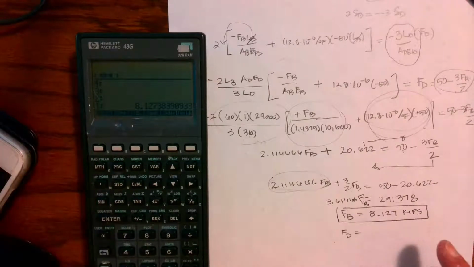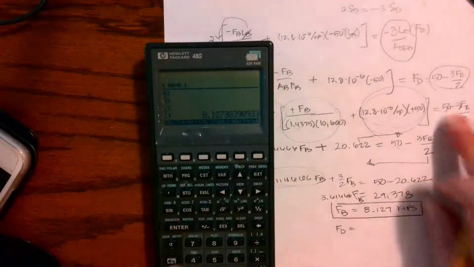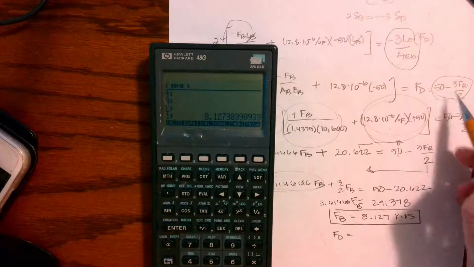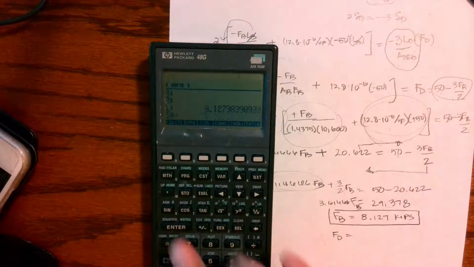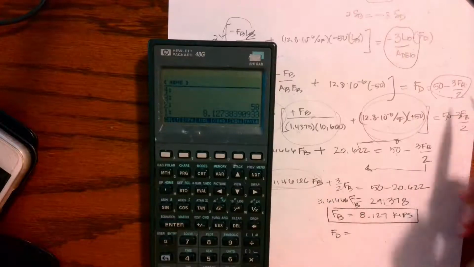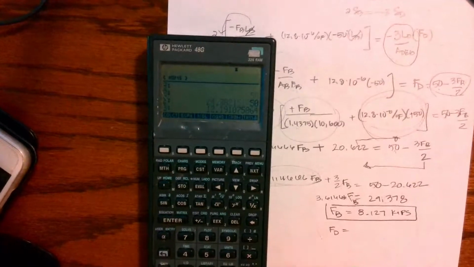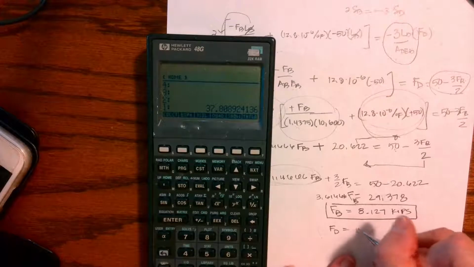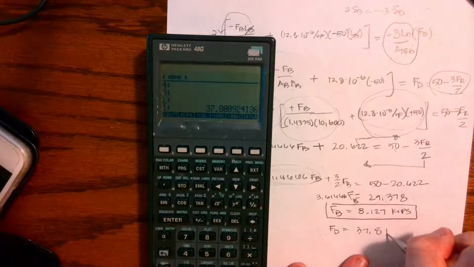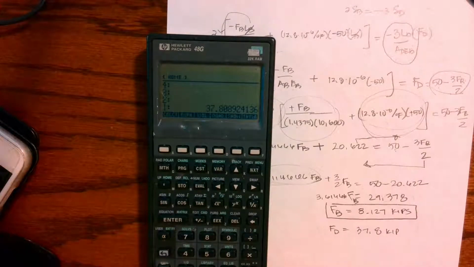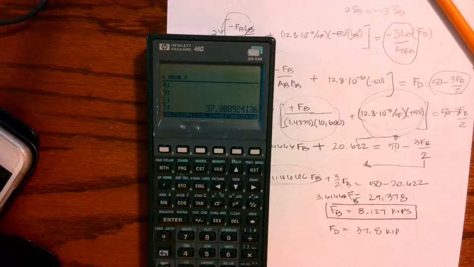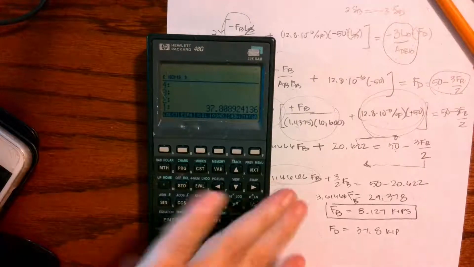So I end up finding, okay, I have 50, enter. I'm going to swap those out. FB, so I'm going to have 3 times 2 divided by, and I'm going to subtract, and I get 37.8 kips. Okay, well, we need to really talk about these numbers that we got, okay?